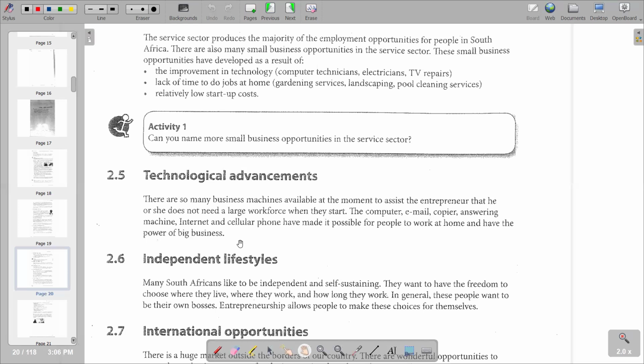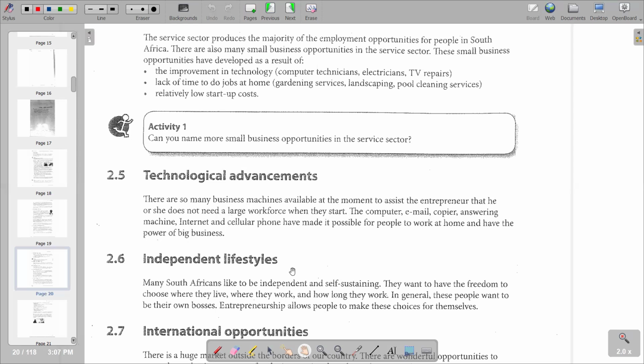We have an explanation beneath that, which is that there are so many business machines available at the moment to assist the entrepreneur, so he or she does not need a large workforce when they start. So you'll see that due to technology, we've got machinery that is facilitating the running of businesses for entrepreneurs. So that's why we have more people engaging in entrepreneurship.